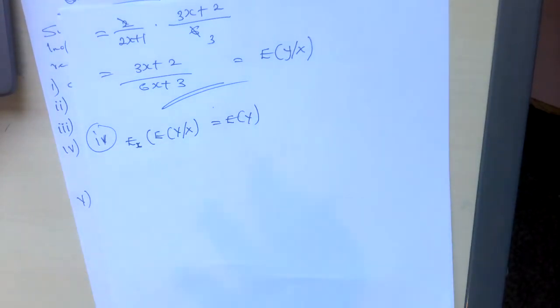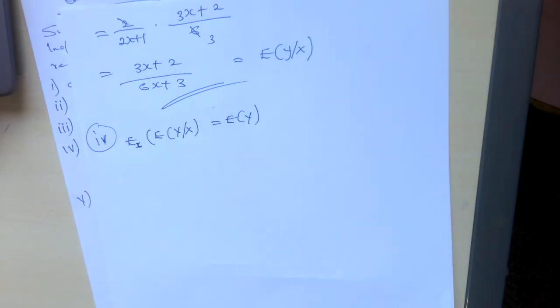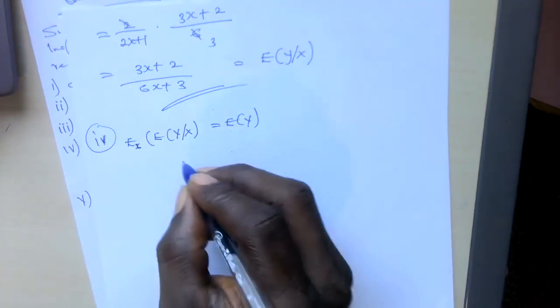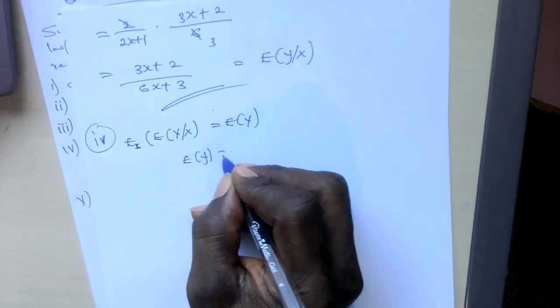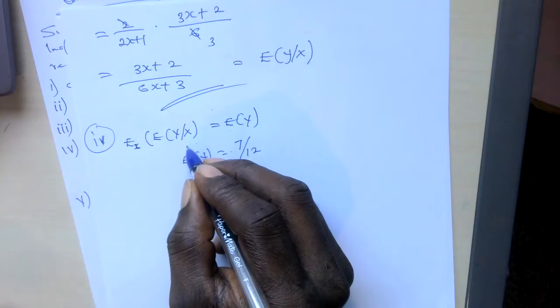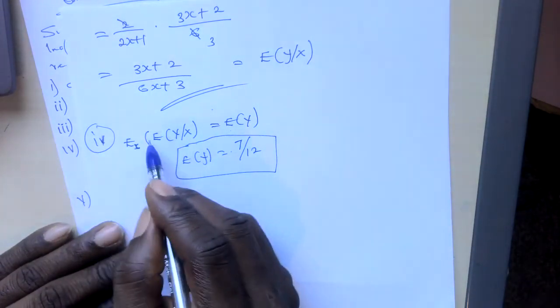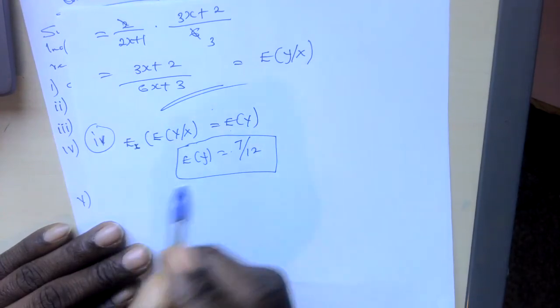We've done that before, and we know our expected value of y was 7/12, right? So we want to solve for this now to show that this is equal to this as well.